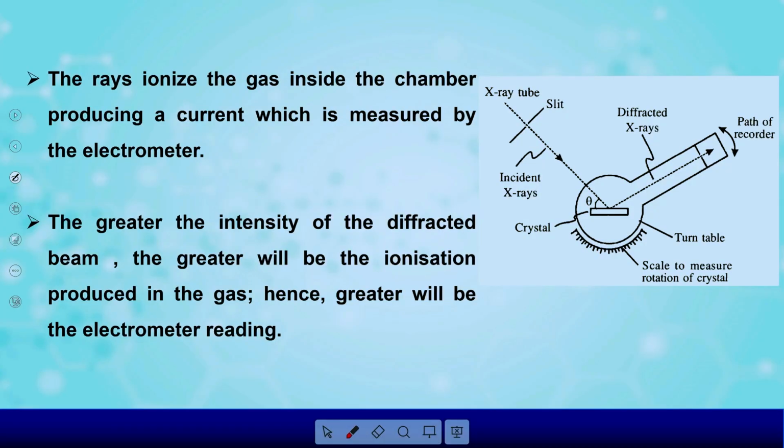Now, when X-rays enter the ionization chamber, it will ionize the gas inside the chamber, producing a current, and that current is measured by the electrometer. The greater the intensity of the diffracted beam, greater will be the ionization produced in the gas, and hence greater will be the electrometer reading.